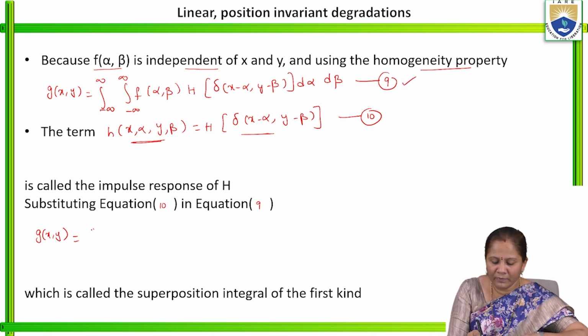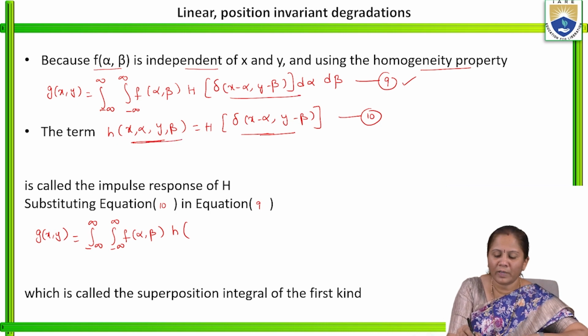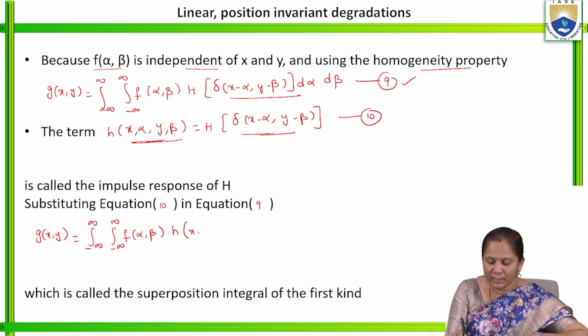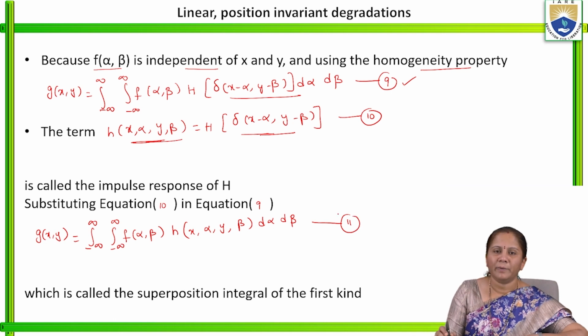So g of x comma y will become the integral from minus infinity to infinity of f of alpha comma beta h, where this entire expression is substituted as h of x comma alpha comma y comma beta, d alpha d beta. Let us consider this equation number 11. This is called the superposition integral of the first kind.